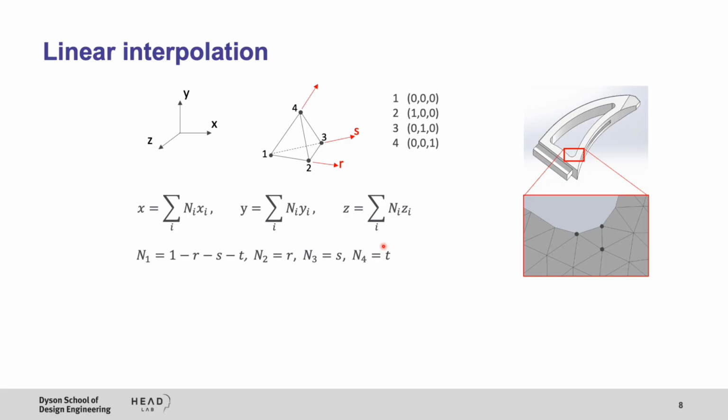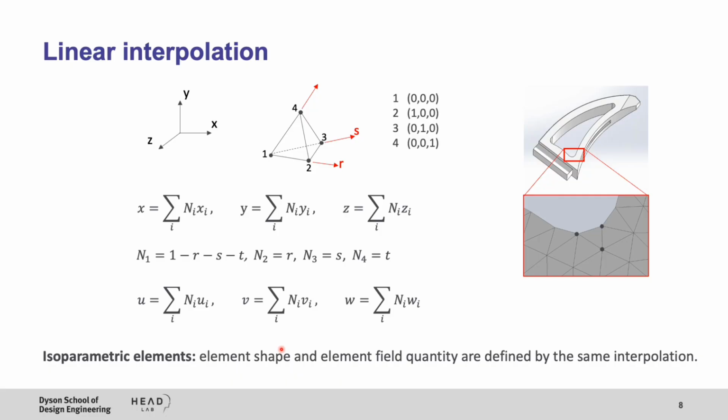Well, an easy approach is to use the same shape functions that we have used here, like so. Then we call this element an isoparametric element because in this element, the element shape and the field quantity, which for us is the displacement field, are defined by the same interpolation function.